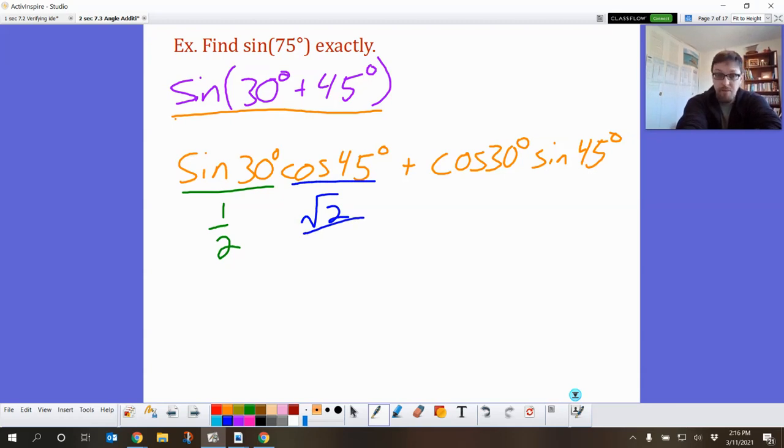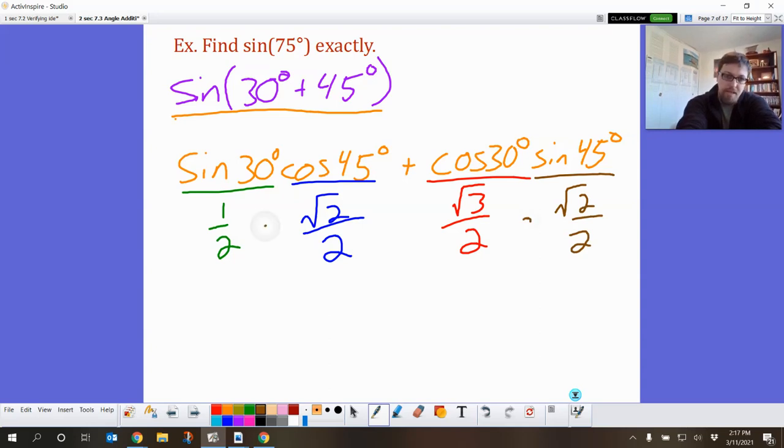That's the cosine of pi over 4. Then we've got the cosine of 30 degrees, which is the same as the cosine of pi over 6, and the cosine of pi over 6 is square root of 3 over 2. And then finally, we've got the sine of 45 degrees. That's square root of 2 over 2 again.